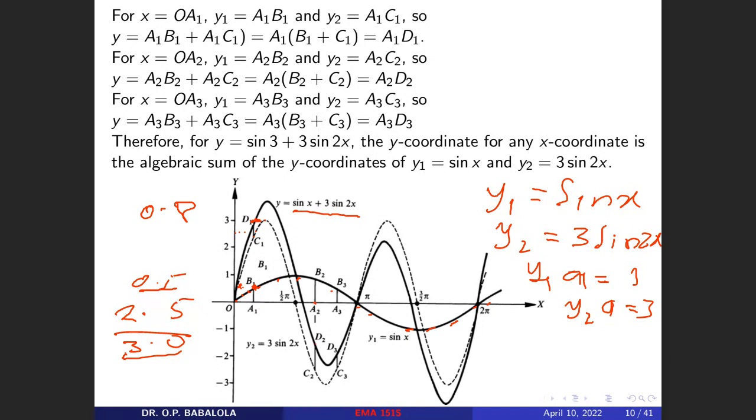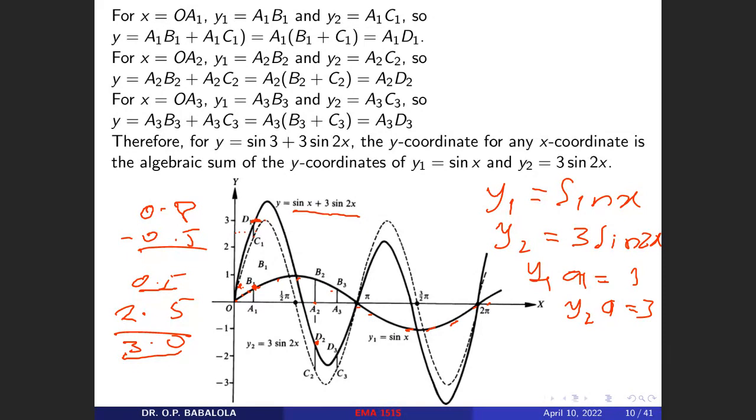This would be minus 0.5, thereabouts. When you add it together, you're going to have your value for D2, because D is for the sum.